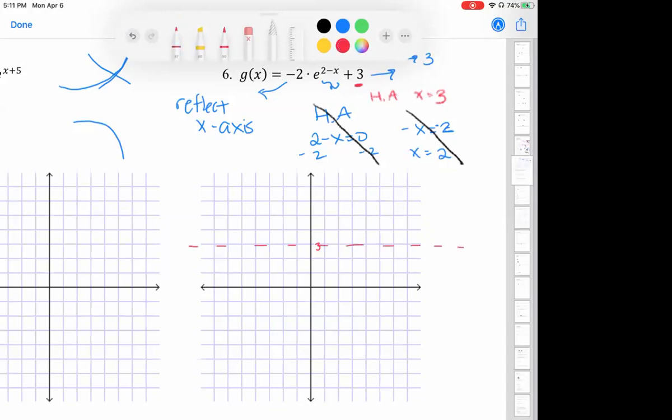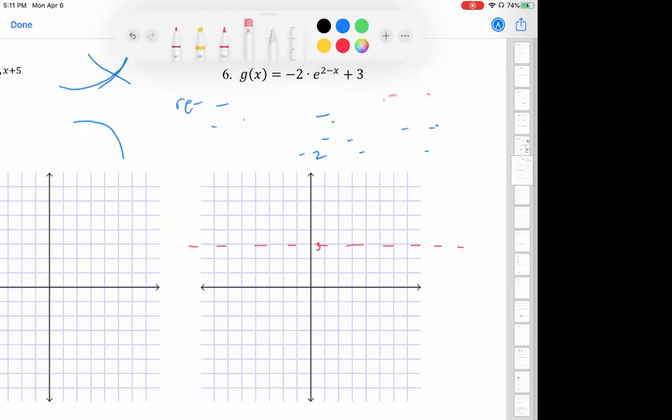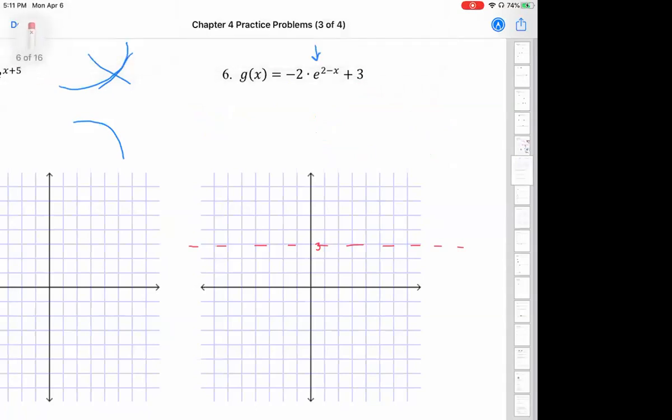All right, so I'm going to erase my notes above so you can start creating a chart. Okay, so I'm working with exponents, and I want to keep in mind that e to the 0 is 1, and e to the first power is e.